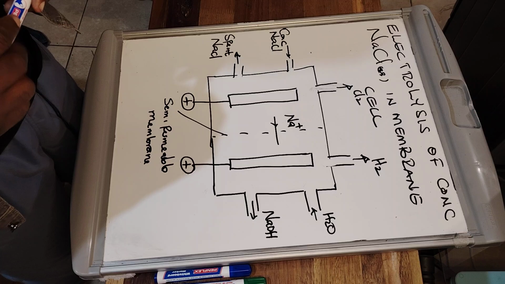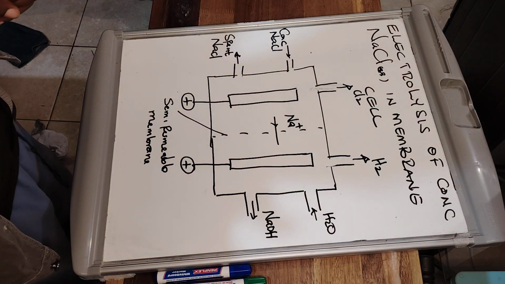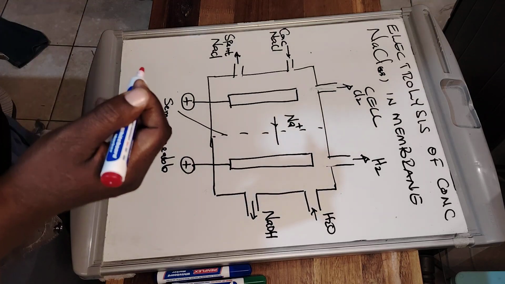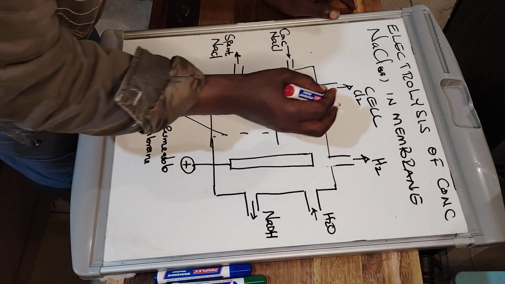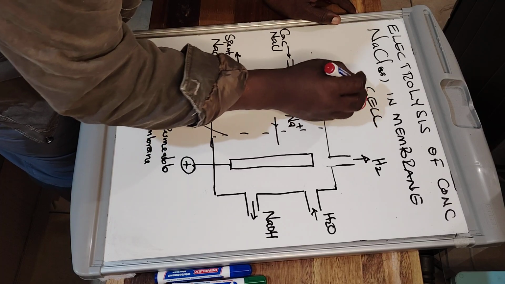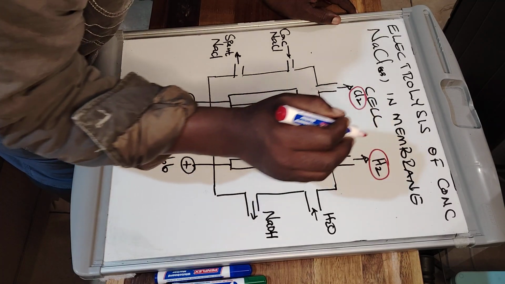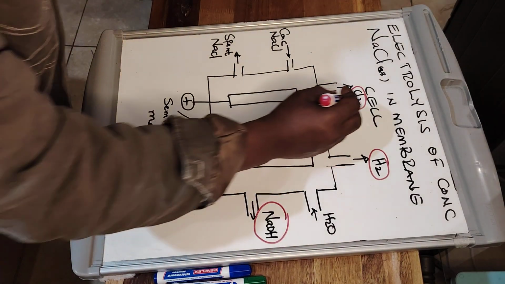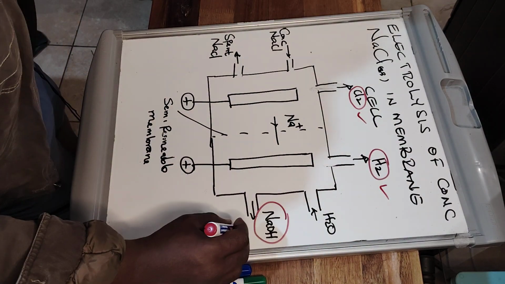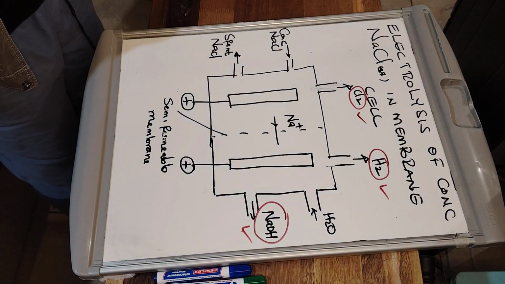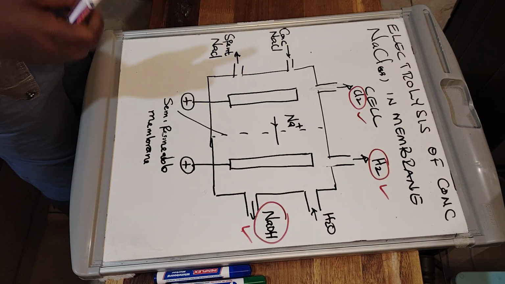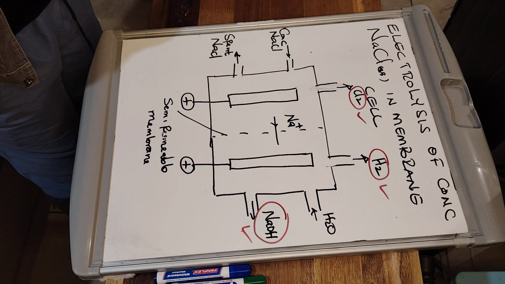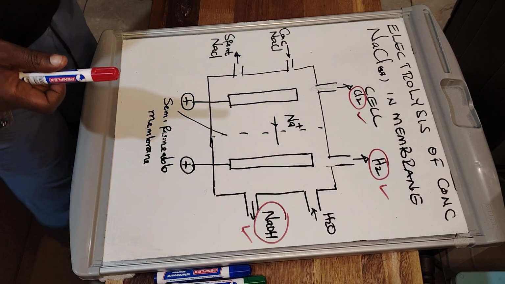I was told this cell is carried out by Sasol, and they get chlorine, hydrogen, and sodium hydroxide. Those are the three products obtained from the membrane cell. The reaction at the anode and cathode is the same as before. Now, the onus is on you to know what these products are used for.